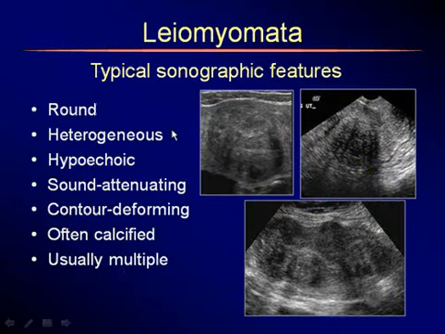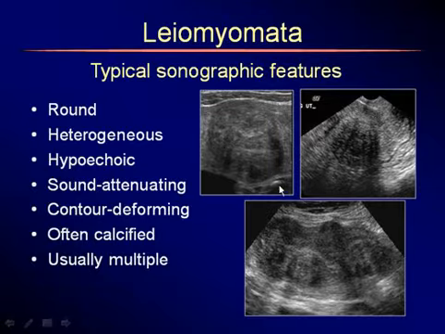All right, so now comes another very large area of myometrial sonography, and that is leiomyomata. Fibroids, myomas, myomata, those are the different words that we use, and we intermix them constantly. I think everybody pretty much knows the typical sonographic features of a fibroid.